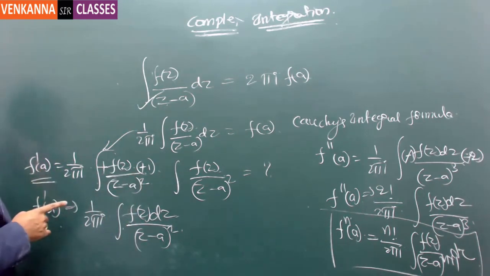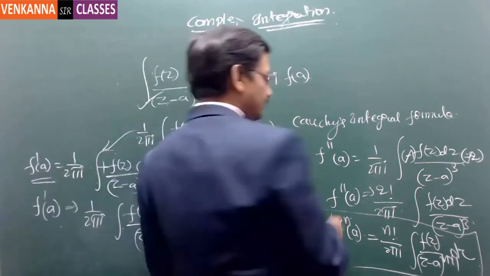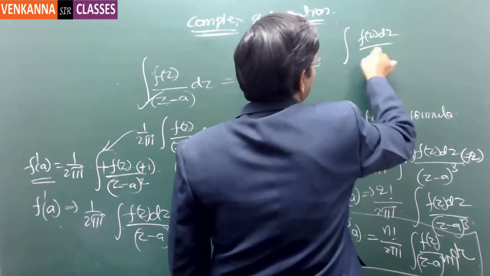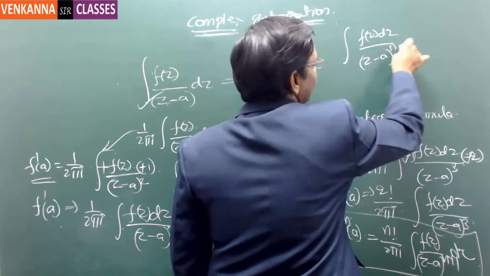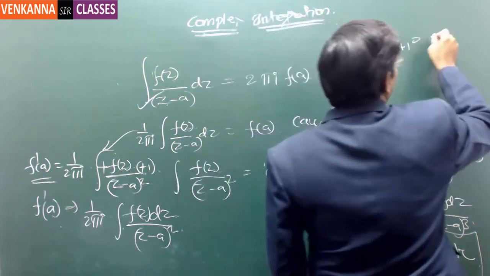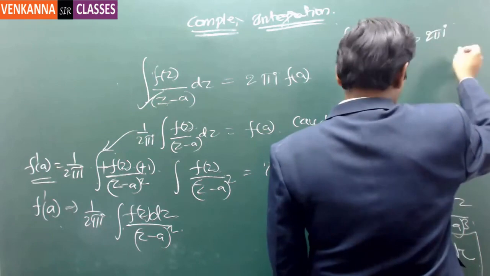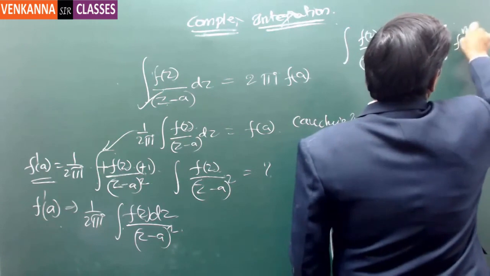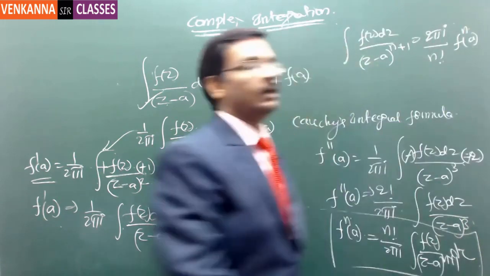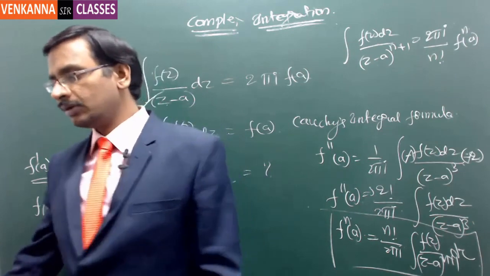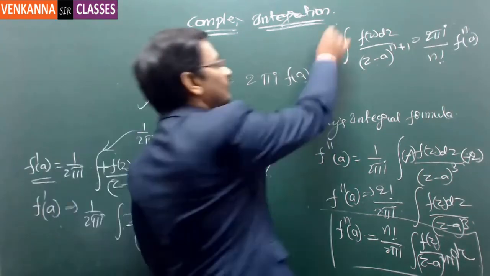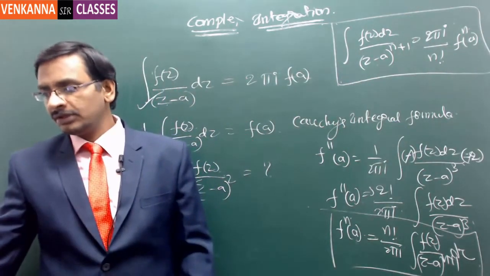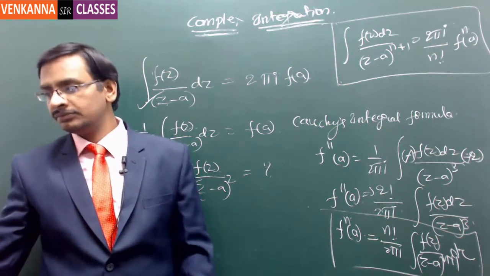So in a way, the integral of f of z dz divided by z minus a whole power n plus 1 is equal to 2 pi i times n factorial into the nth derivative of f with respect to a, evaluated at a. So this is how you find the complex integration with the help of Cauchy's integral formula. Clear?